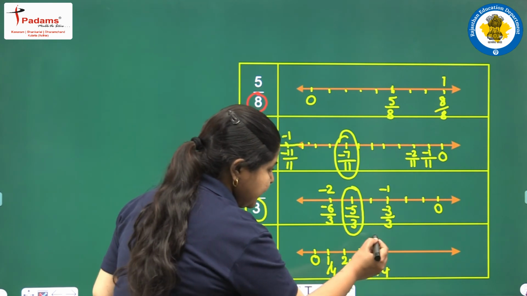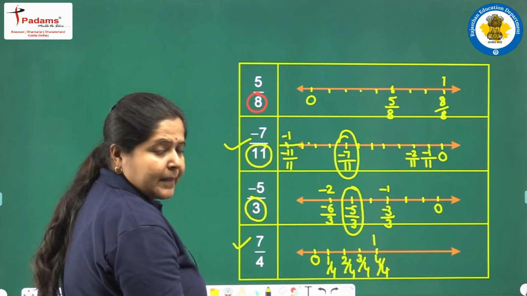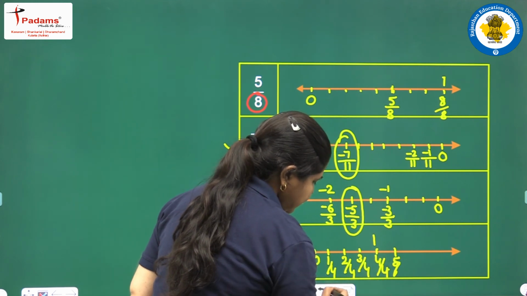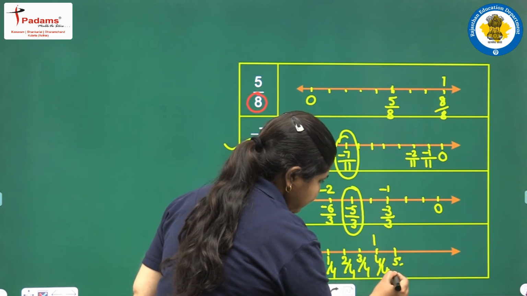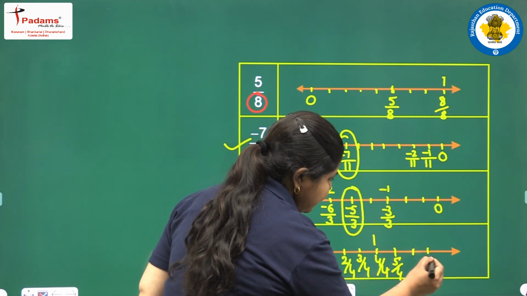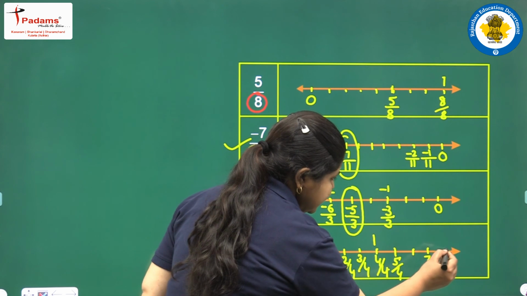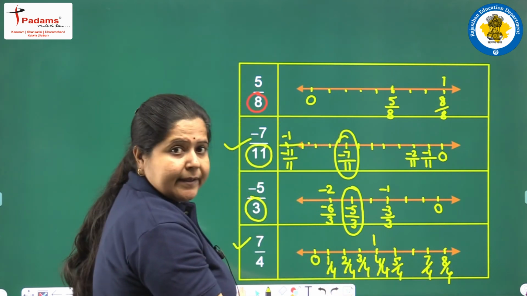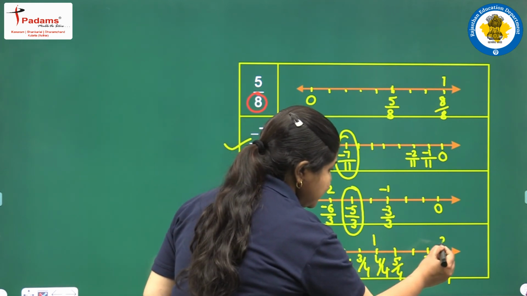This 4 by 4 will be equal to 1 here. Next we will reach 5 upon 4, 6 upon 4, this is 7 by 4, and this is 8 upon 4. 8 upon 4, cancel it by 4, you will get 2.